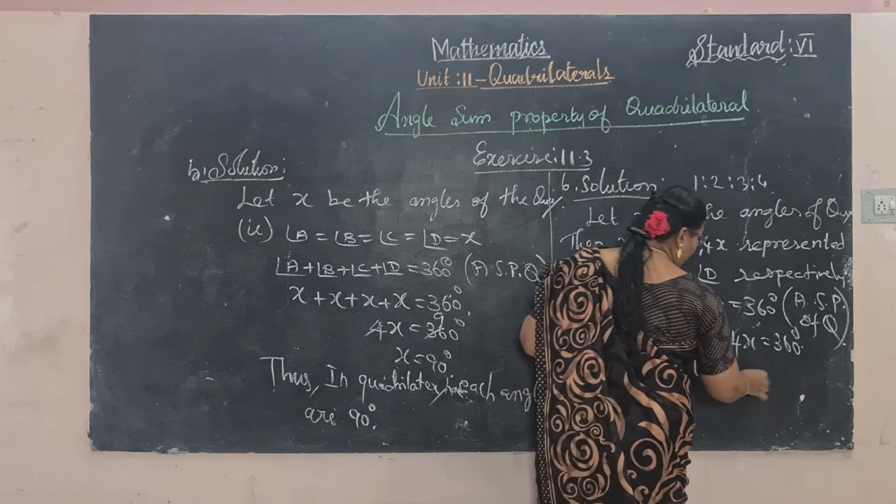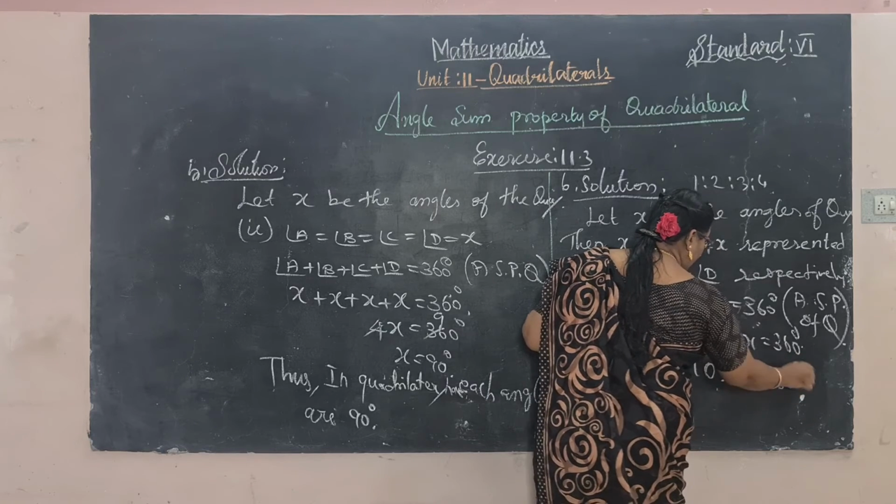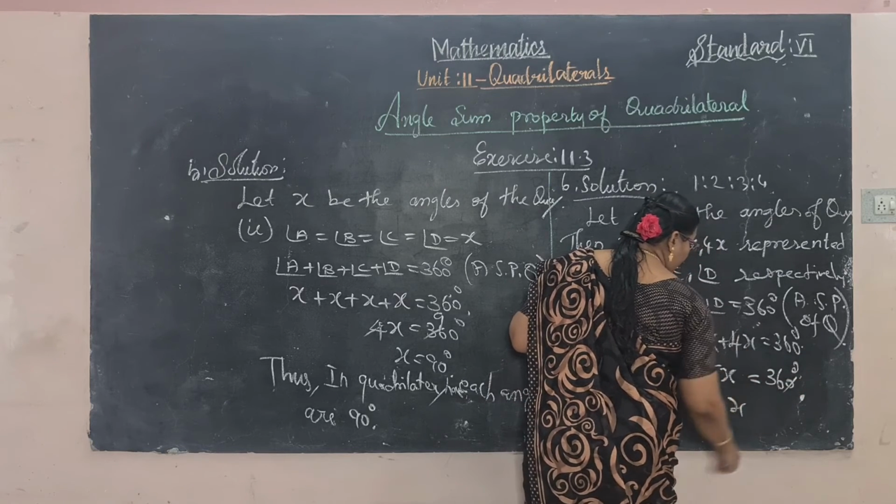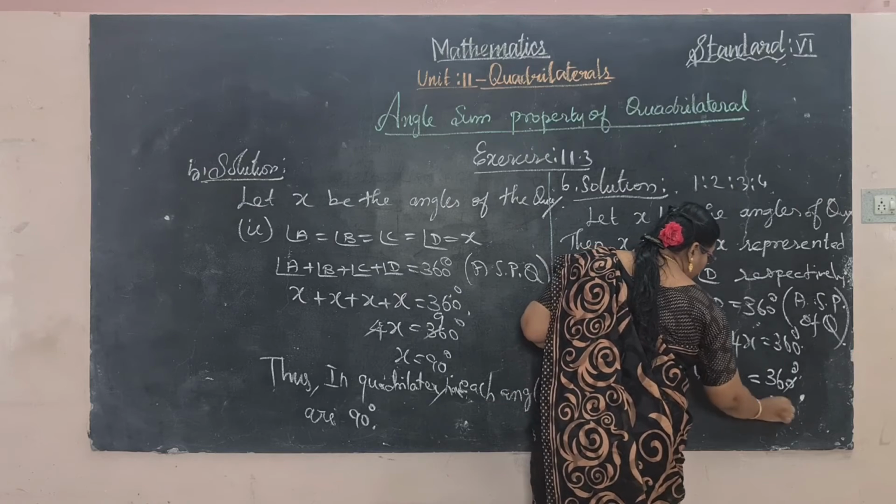So 10x equals 360 degrees, and x equals 36 degrees.